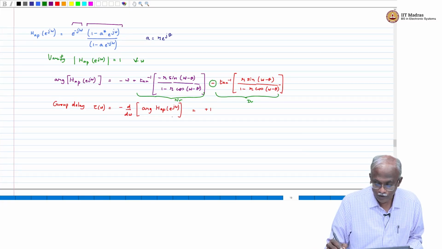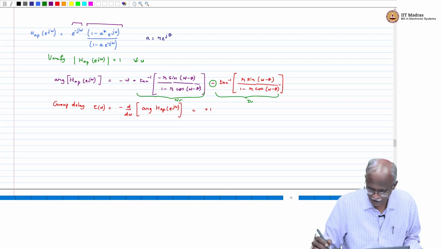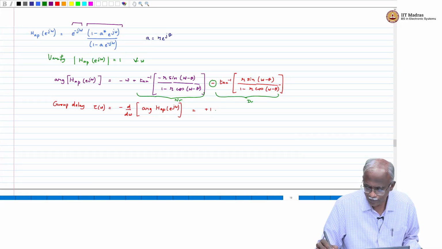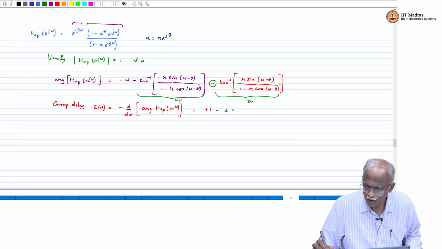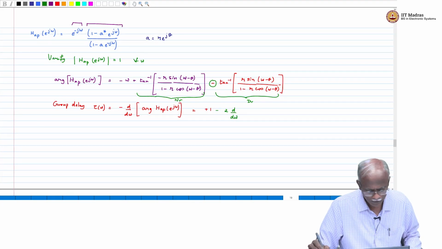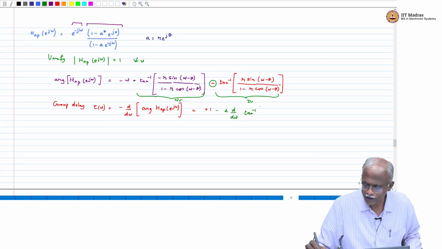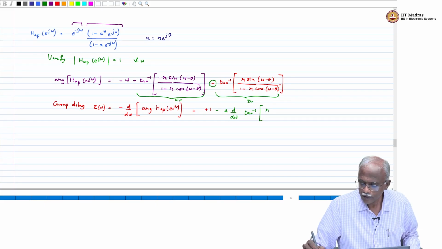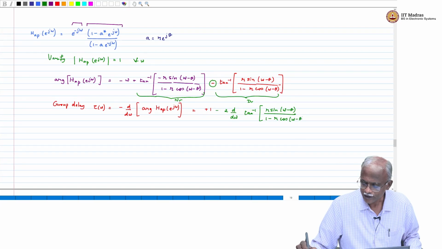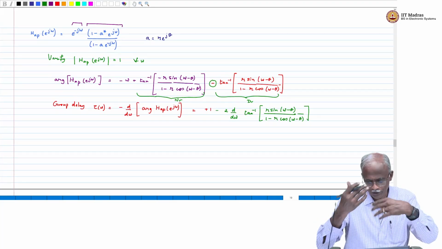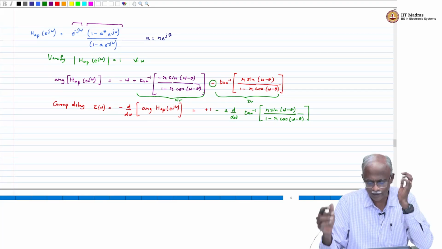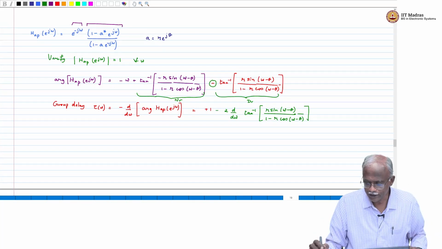So now when you take the expression, you can show that this can be written as minus 2 times d by dω of tan inverse of r sin(ω - θ) divided by 1 - r cos(ω - θ). Basically, the numerator and denominator terms are negatives of each other, because they are complex conjugates, so their angles are negatives of each other, and you can combine them.